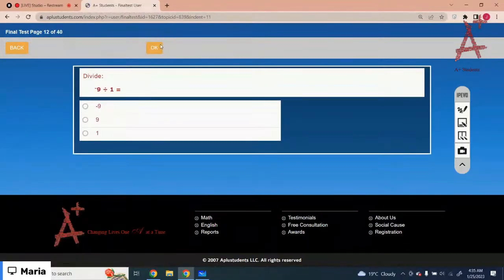Okay, -9 divided by 1 equals, you are dividing a negative number by a positive number, so the answer must be negative, and 1 times 9 is 9, so it would be -9. Got it?